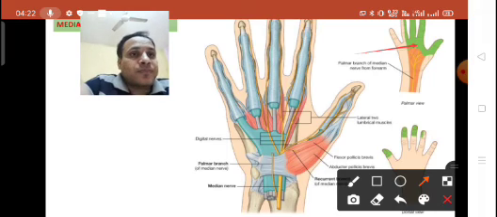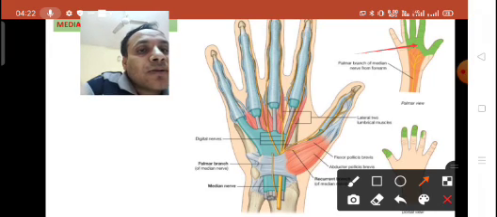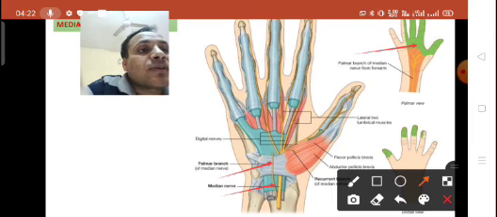Now you can see in this diagram, the 3.5 digits are supplied by the median nerve. And the palmar cutaneous branch arises in the lower part of the front of the forearm, runs over the flexor retinaculum, and supplies the central part of the palm.